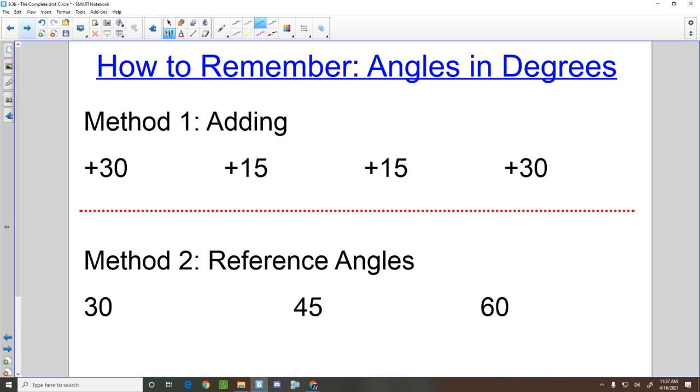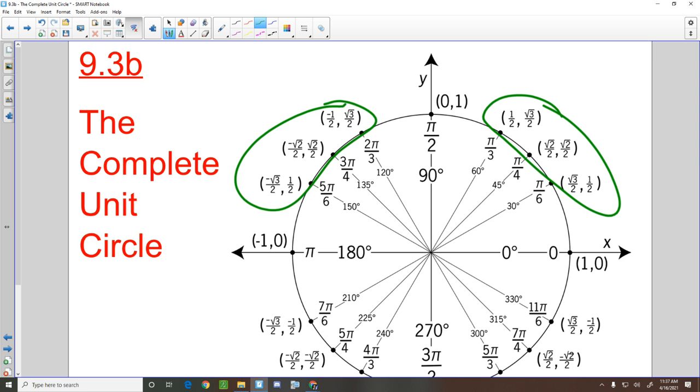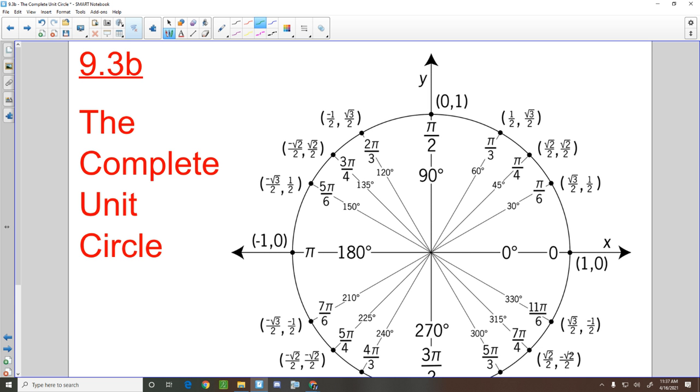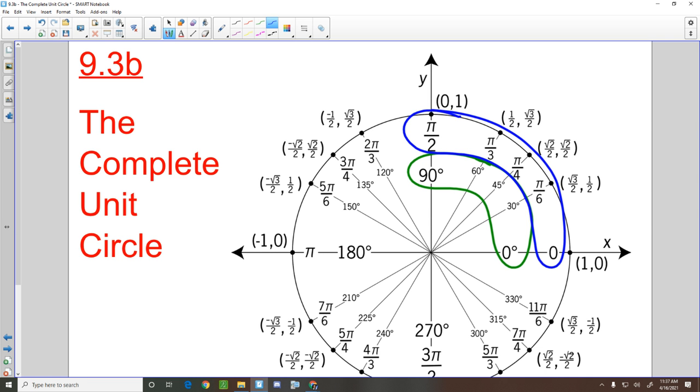There are 3 different parts of the unit circle that we need to learn. For the unit circle, we want to know each of these different angles. We need to know their measures in degrees. That should be pretty simple, right? We're familiar with a lot of those. Then we need to know those same angles in radians, which is this new unit that we just learned with a pi in it.